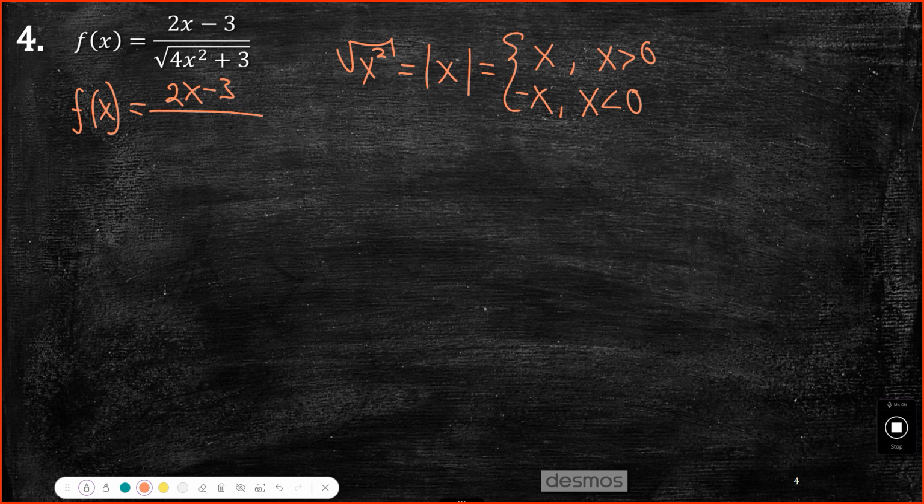So for positive input values it's just x, and for negative input values it's negative x. This breaks down into two problems, f of x equals this, and f of x equals that.